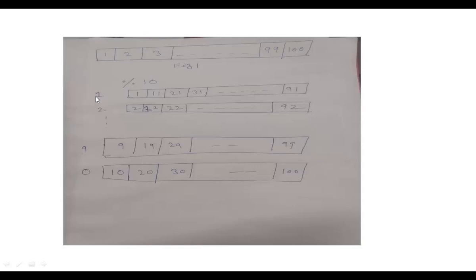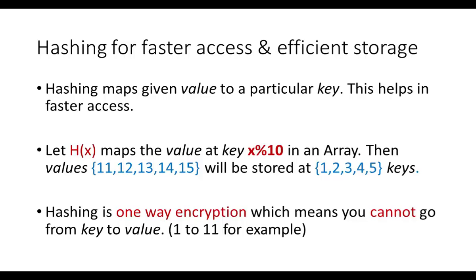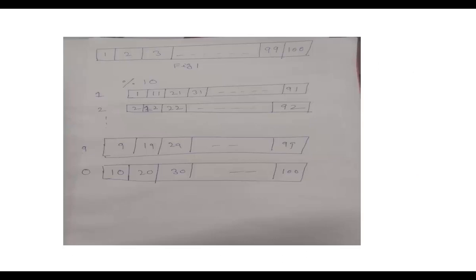If you take any value modulus 10, there will be 10 keys, from 1 to 0, unlike the previous example where there were only 5 keys. With key number 1, it will store only the values that hash to 1.